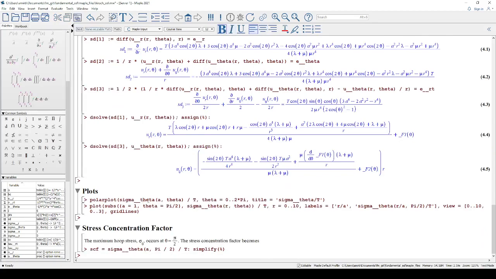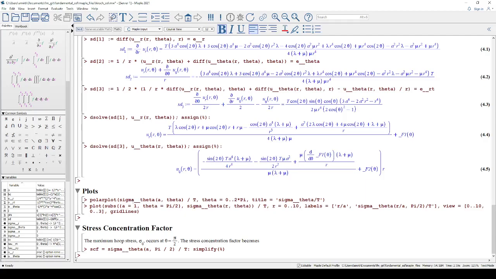And here we're going to polar plot the stress components. We know that if you plot various stress components, you will see that sigma theta has the highest value in the vicinity of the hole. This can also be left as an exercise to you to plot all the stress components.